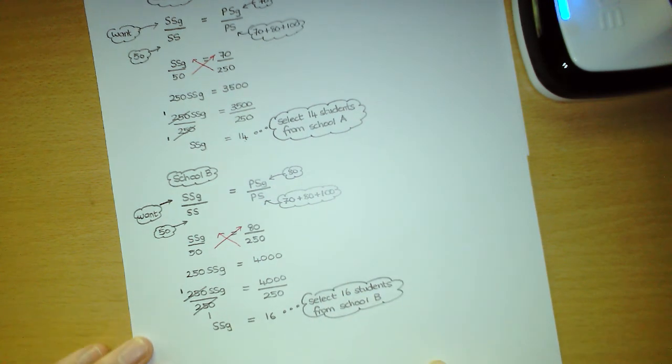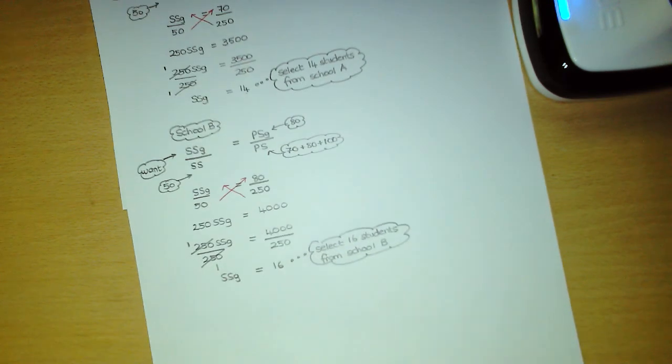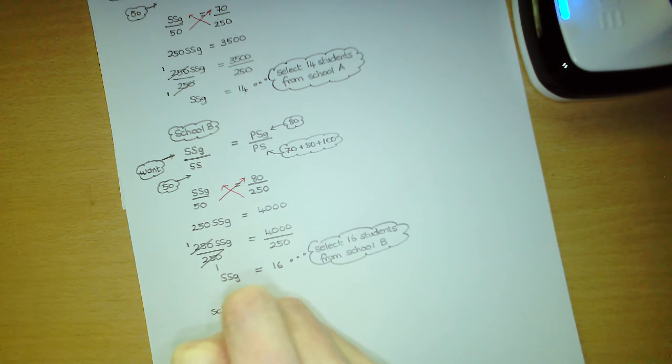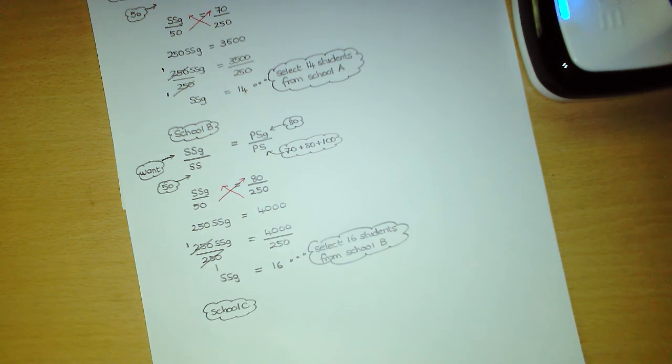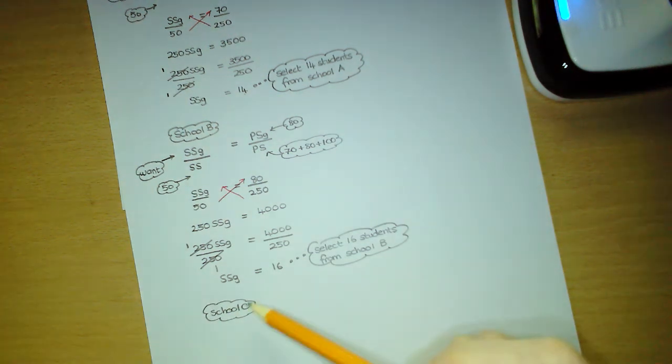Okay, final school C. So again, we want to work out the number of students we need to select from school C to go into the sample. So write out the sampling formula for the group.